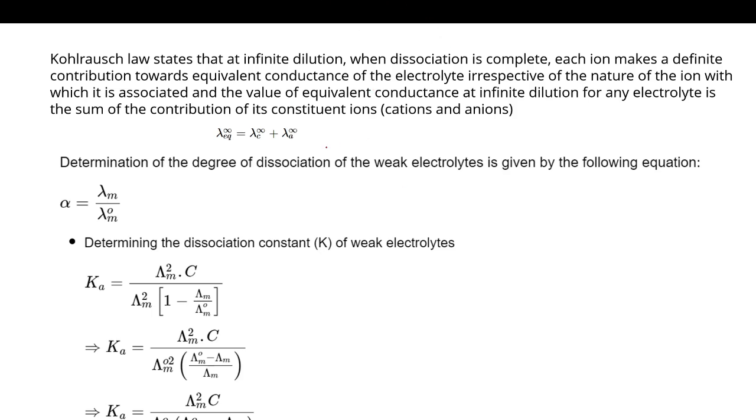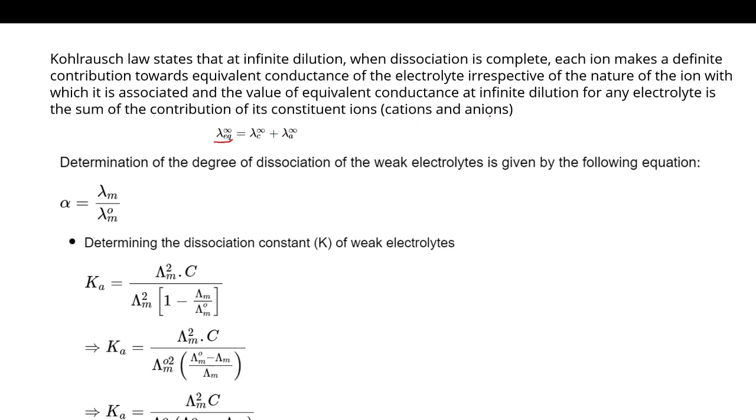So if you want to find out the equivalent conductance of a weak electrolyte or a weak acid, it will have a positively charged ion, the cation, and a negatively charged ion, the anion.